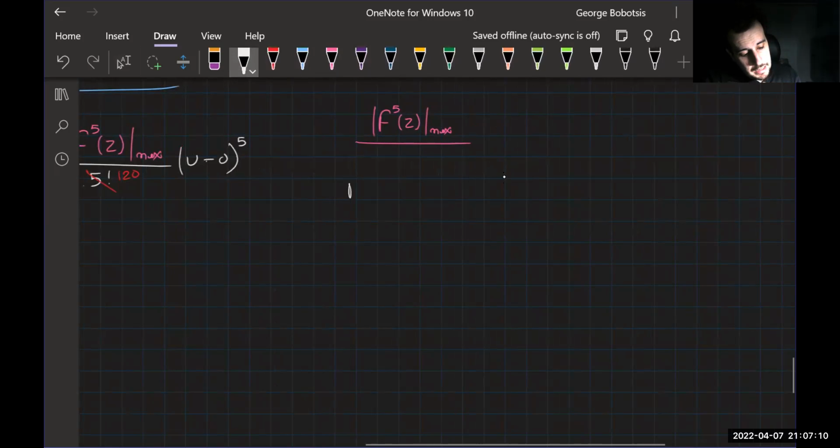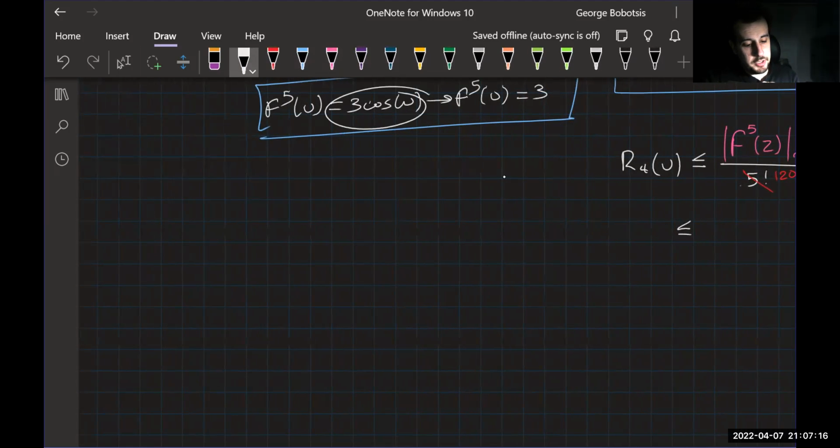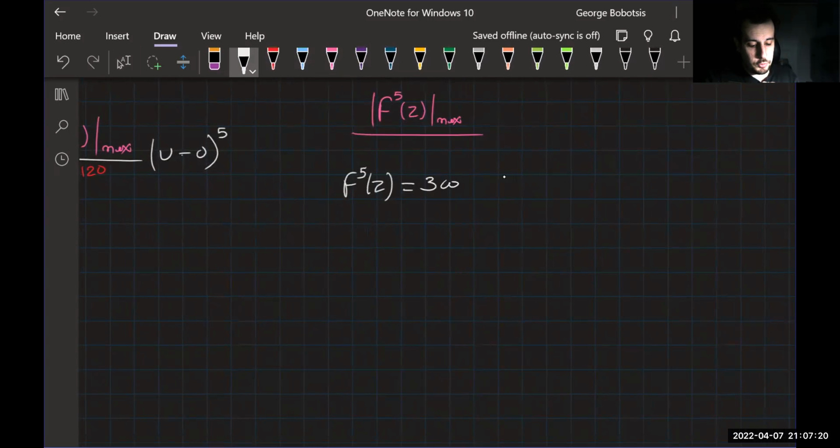So f5 of z, bring him in, 3 cosine of u. Our interval for u, remember, is 1/4, excuse me, and then 1. That is where our u is going from.